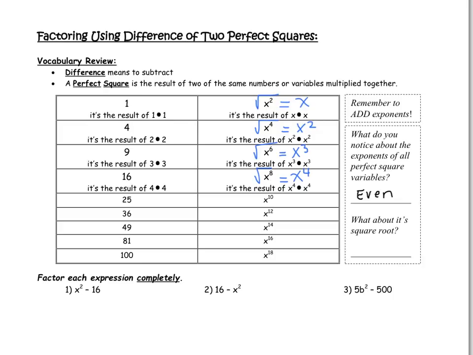What do you notice about the perfect square and its square root? What do you notice about these exponents? You should be saying that they are half. So the square root's power is half of the perfect square's power. Just say that it's half for now.